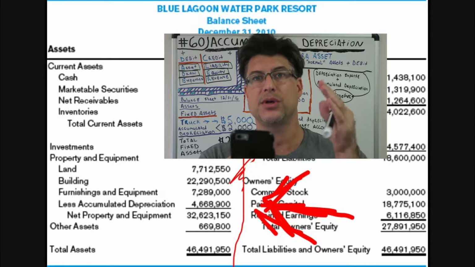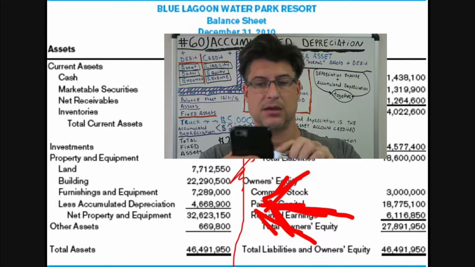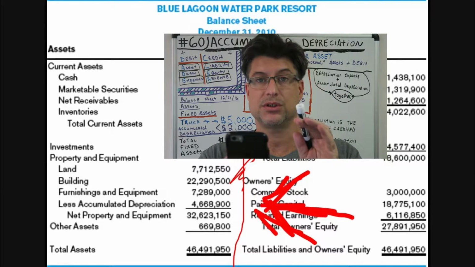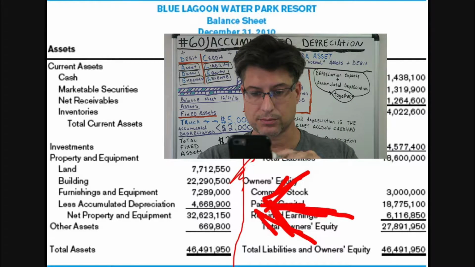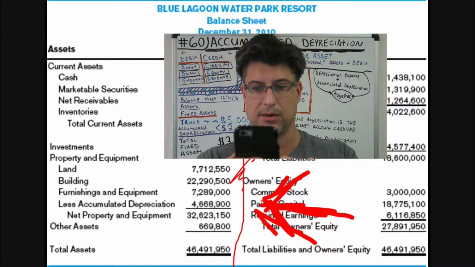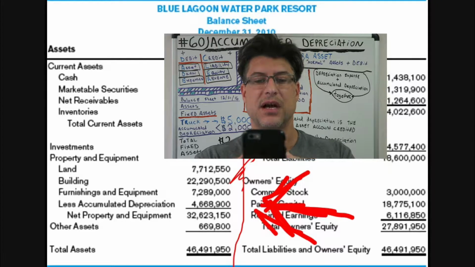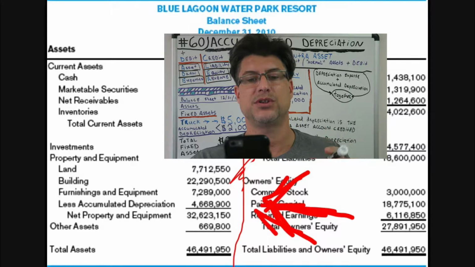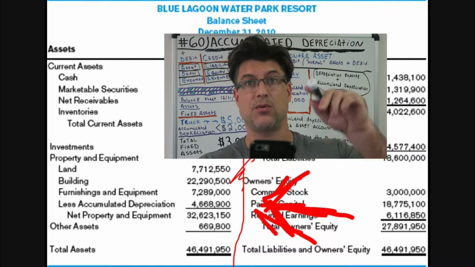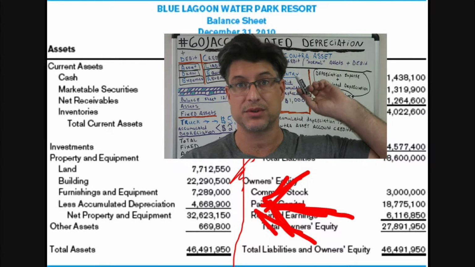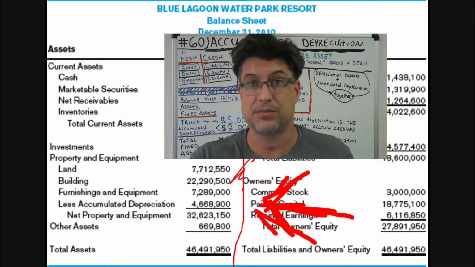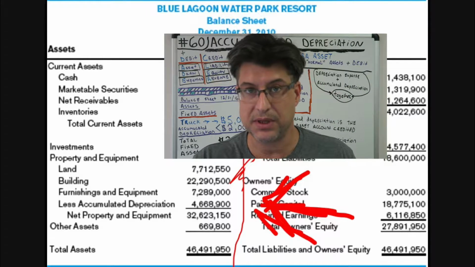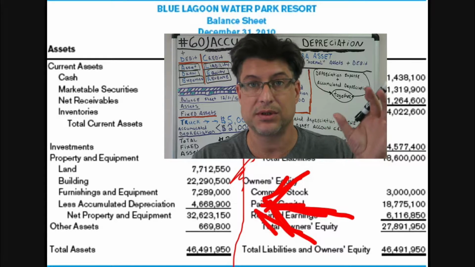You can try this out, and look for a different one than this Blue Lagoon water resort park. Notice that on this one, in all my examples, and on every other example you will see, it's always going to be assets equal liabilities plus equity.